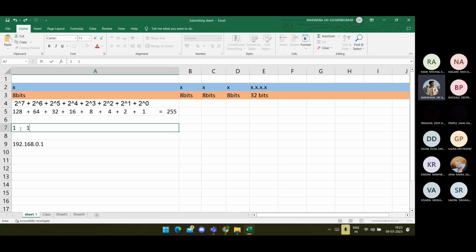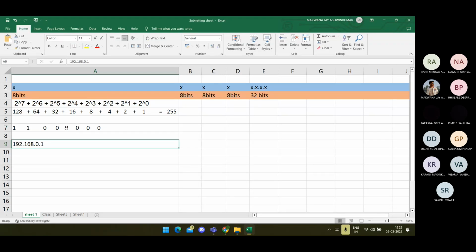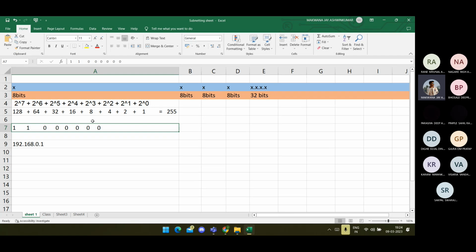So we'll turn on these two bits, and all other bits will be 0. So this is one octet in bit format, and this represents 192. In this way, the IP address is written.